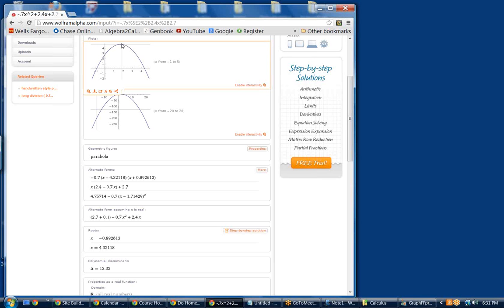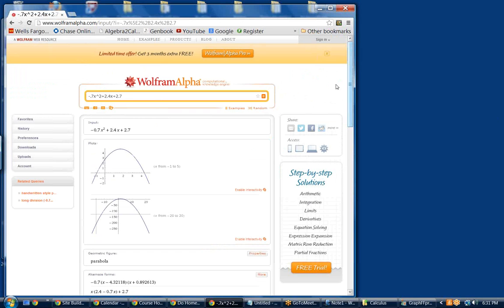So we don't want this function. We want negative 1.4x plus 2.4, and we want to set that equal to 0.